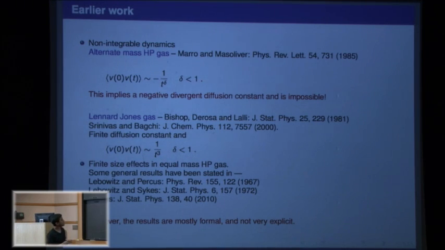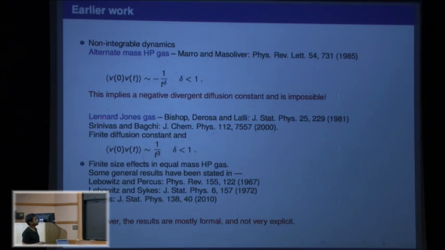Now this result is actually impossible, because if you integrate it, you get negative infinity, so there's some problem with it. When I show the simulation results, it will become clear why you might see something like this. They were doing 800 particles.